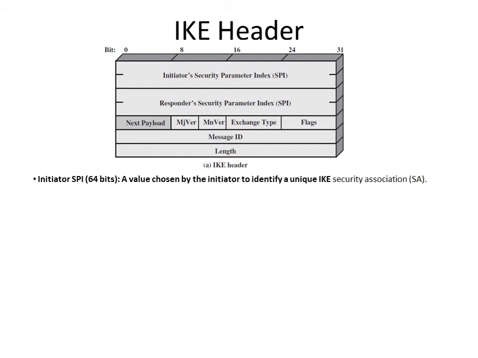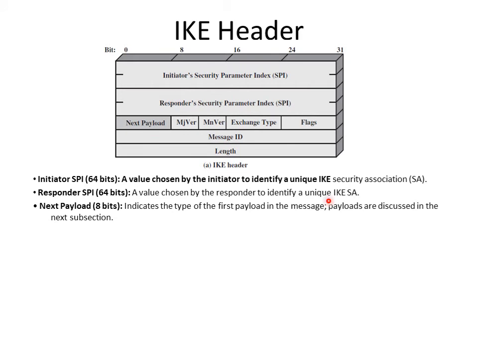So this is an identifier. Next is the responder SPI. So this is the responder's security parameter index, a value chosen by the responder to identify the unique IKE SA.